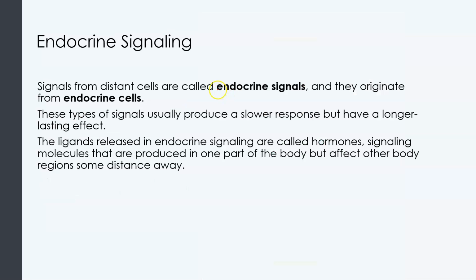Endocrine is very similar to paracrine in how it works, except that endocrine signals originate from endocrine cells, typically endocrine glands, and the ligands are specifically called hormones.